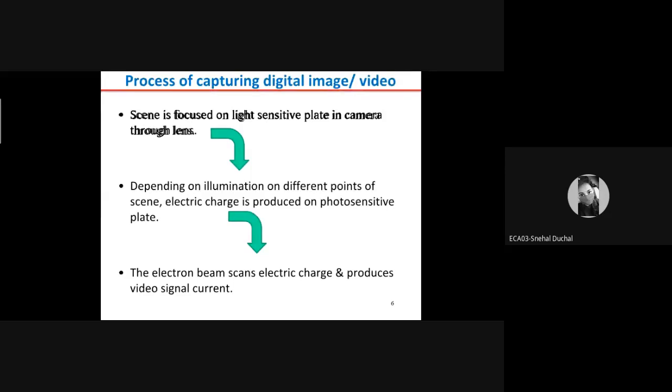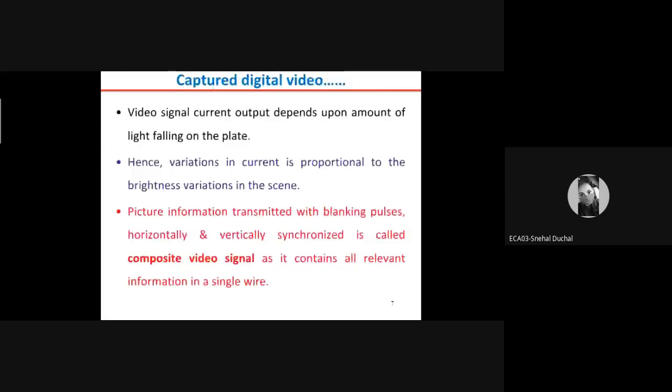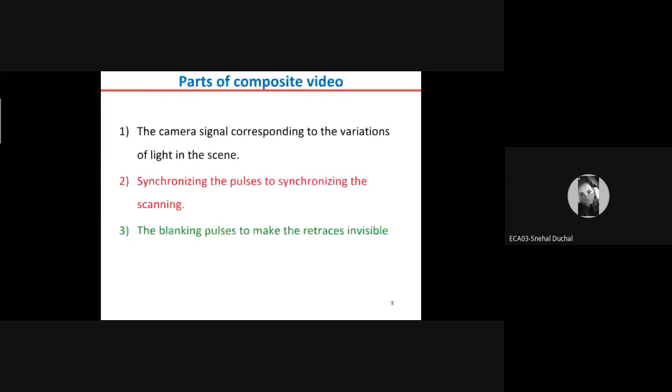To capture the video, we focus the light on that particular object, and by using the imaging device, the charge coupled device, we can capture the video and store it in a memory device.